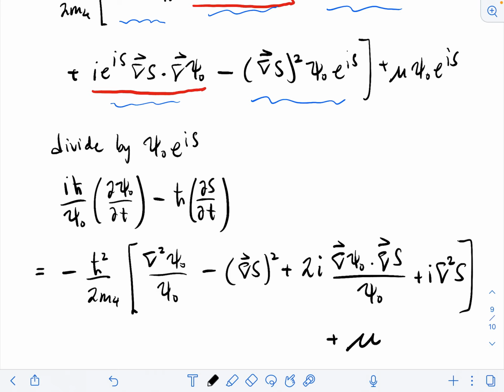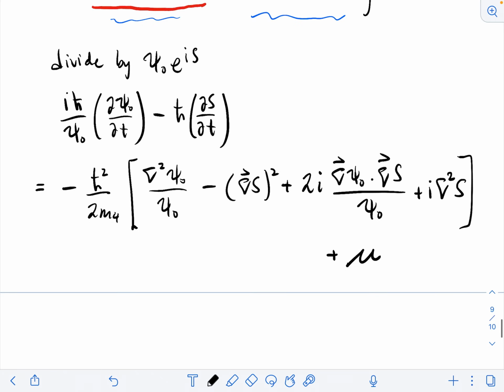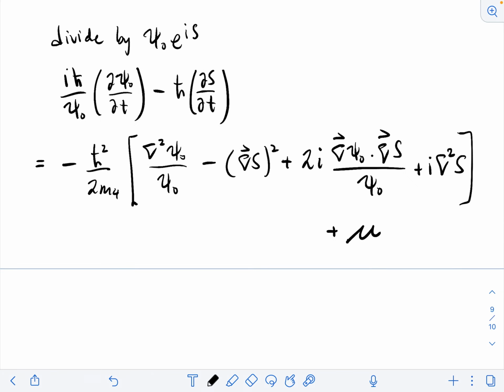Okay, so what we have here is an equation that has some terms that are real and some terms that are imaginary. So this really represents two equations. So there's the real and imaginary parts.